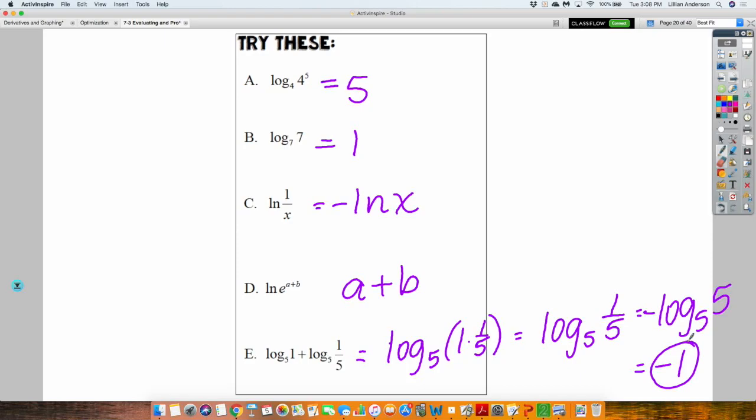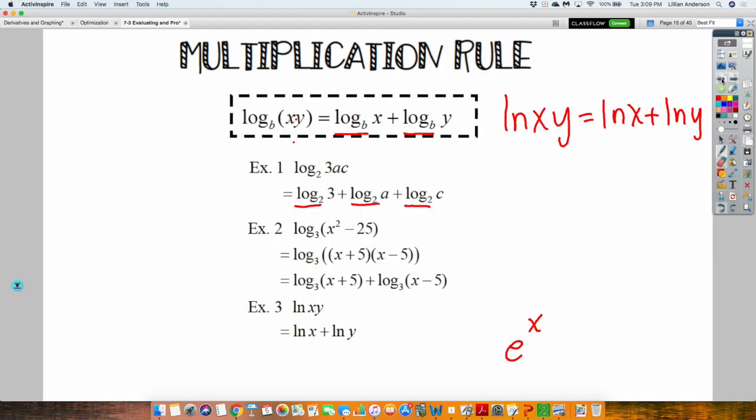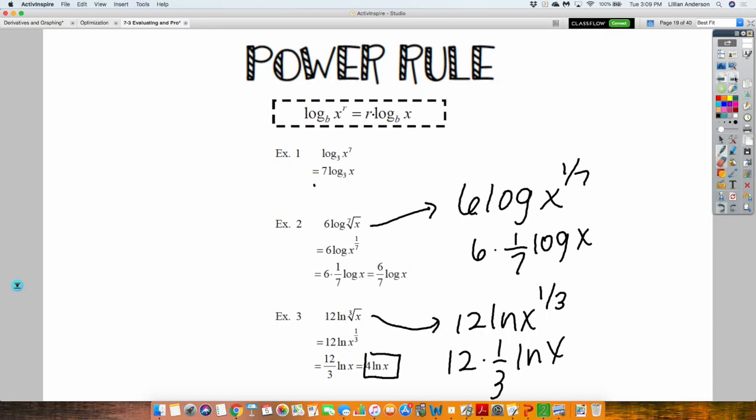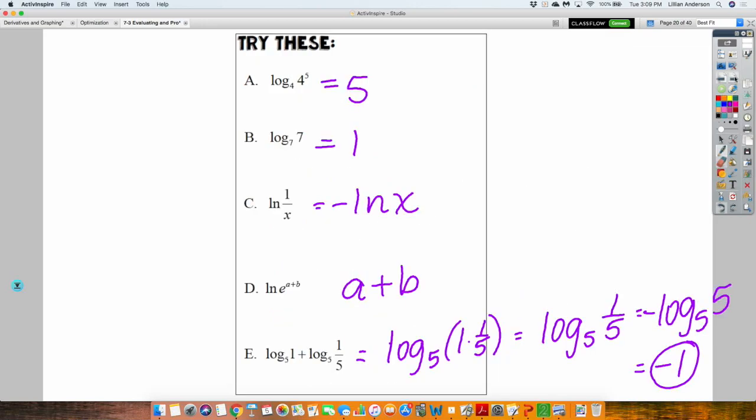Questions up there? Yes? Remember the multiplication rule right here? It works both ways. If you have adding, you can rewrite it by multiplying the x and y together. So in this case, x and y were 1 and 1/5.